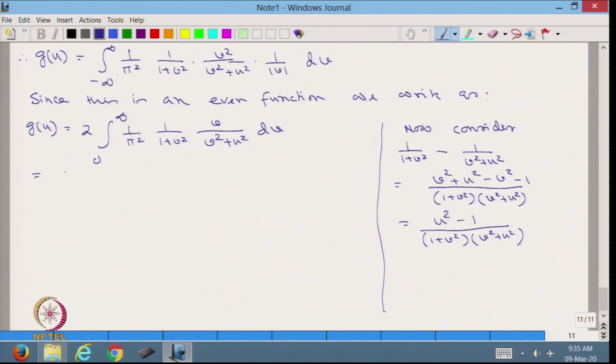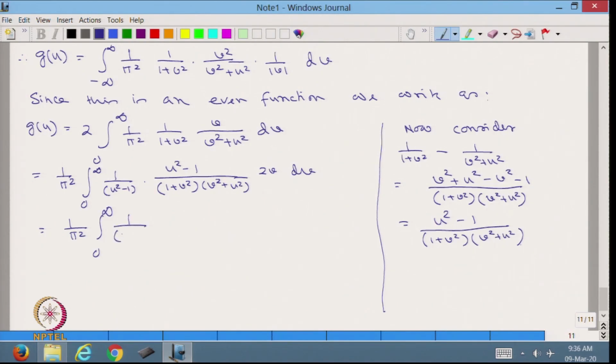Therefore, this we write as 1 upon pi square, we take out of the integration 0 to infinity 1 upon u square minus 1 into u square minus 1 upon 1 plus v square into v square plus u square 2v dv, which is equal to 1 upon pi square, 0 to infinity, 1 upon u square minus 1 into 1 upon 1 plus v square minus 1 upon v square plus u square 2v dv.